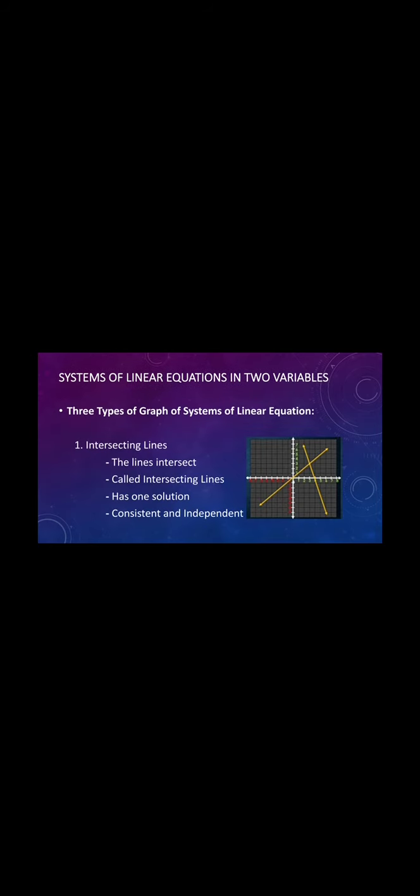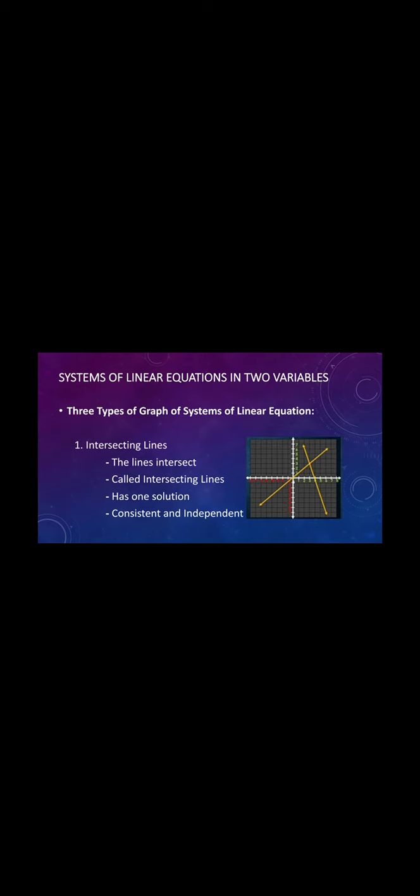There are three types of graphs of a system of linear equations. The first one is intersecting lines. From the word itself, intersect, it means the lines intersect at one point. So they cross at one point.